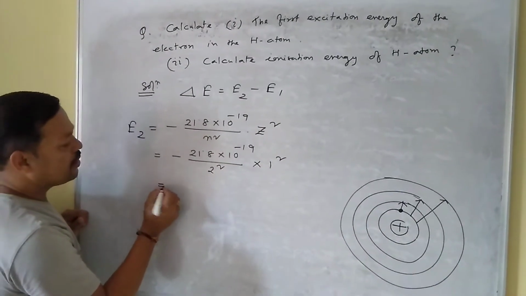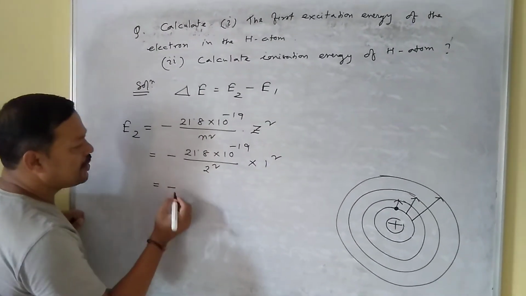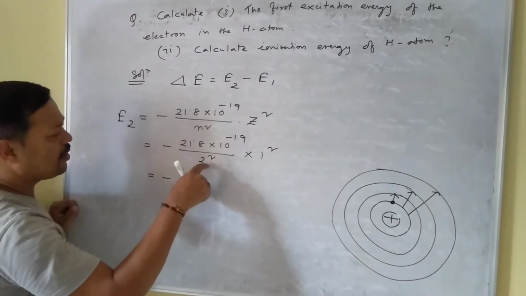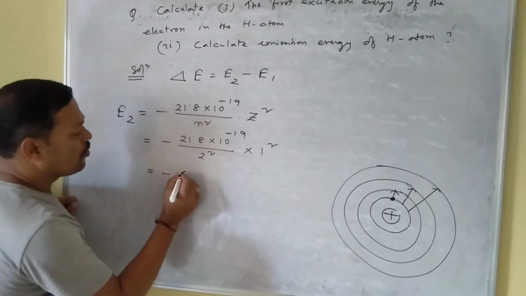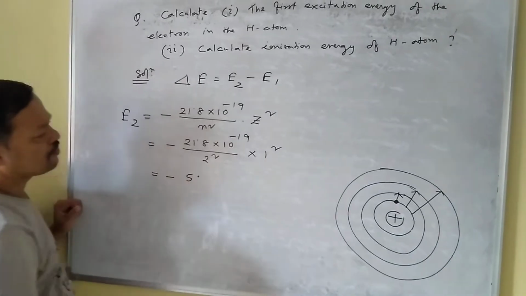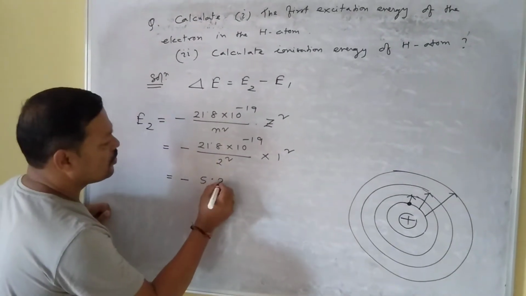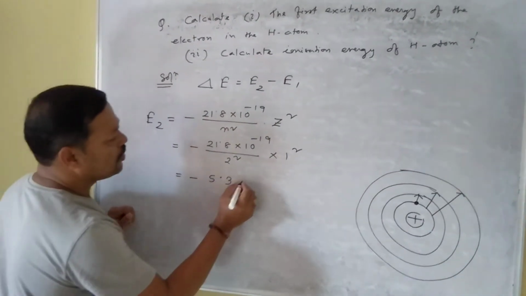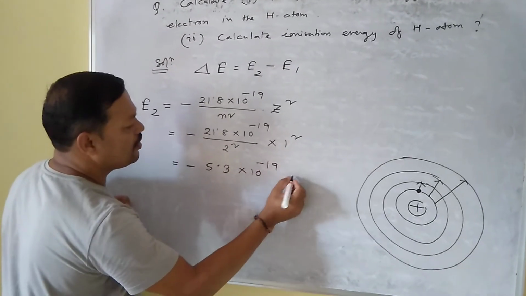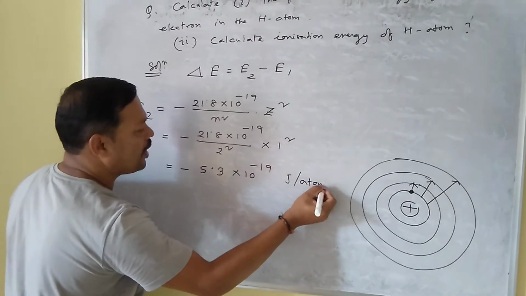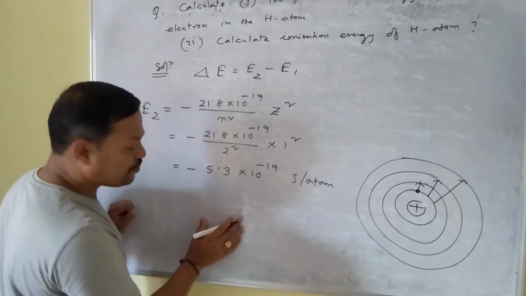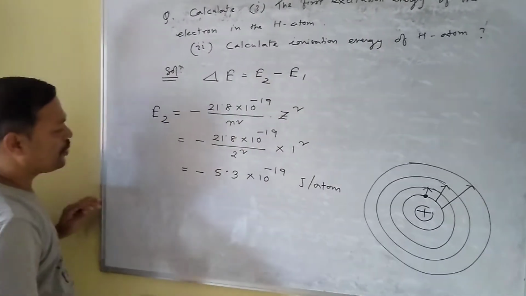So when you determine it, you divide it by 4 and you will get minus 5.3 into 10 to the power minus 19 joule per atom. I mean this is the energy of the second orbit.